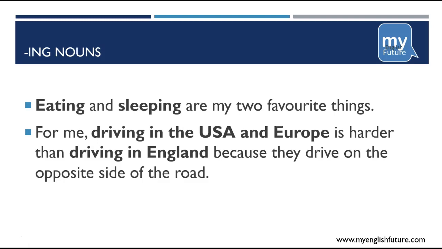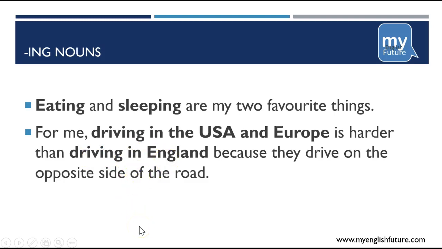But of course many sentences are more complicated. Look at this one. We've got ing, driving, followed by preposition in and country. You must copy this structure. So here we have it again, driving, but in a different country.